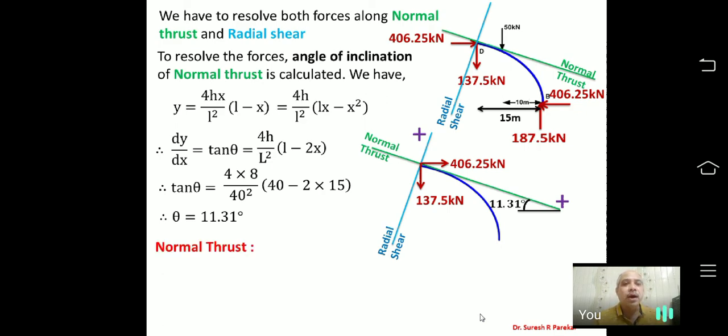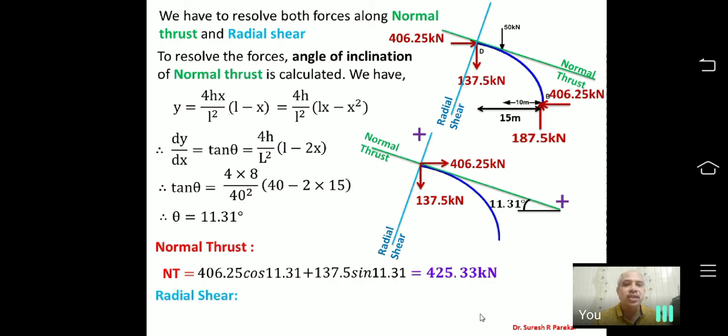So we have normal thrust. So we have plus cos component of 406.25, and then sine component of 137.5, and that will give value 425.33 kilonewtons. Similarly, for radial shear we have 406.25 sine component, and that will be plus, and for 137.5 we have cos component, but that will be minus, and that will give me value as minus 55.16 kilonewtons.